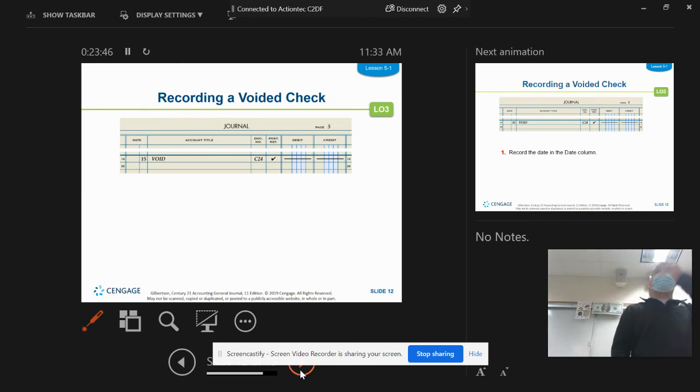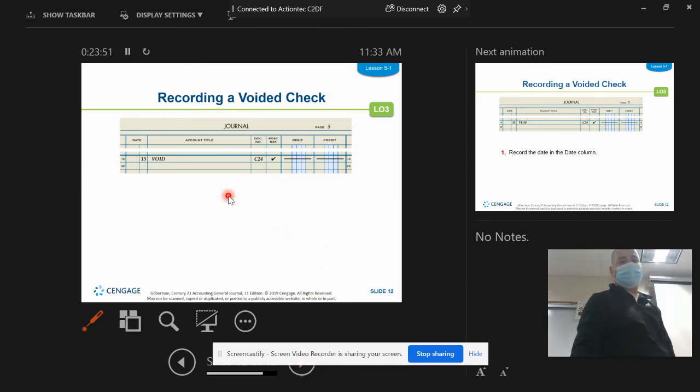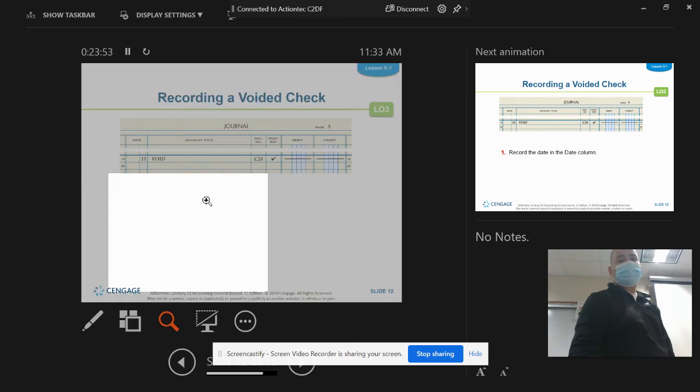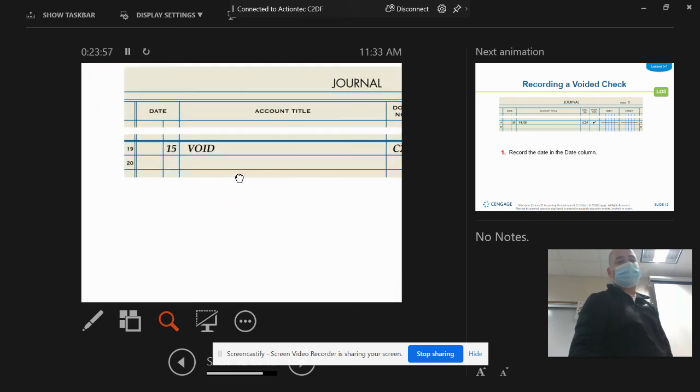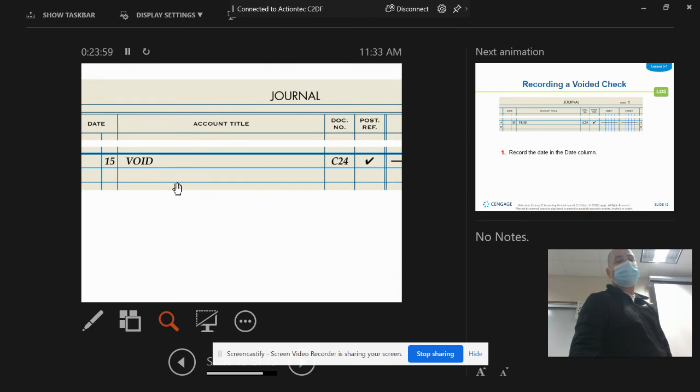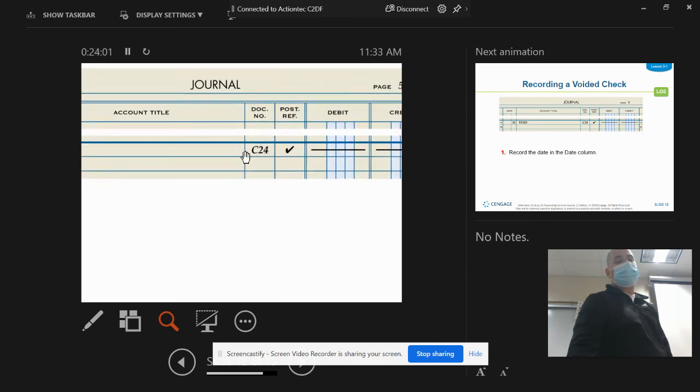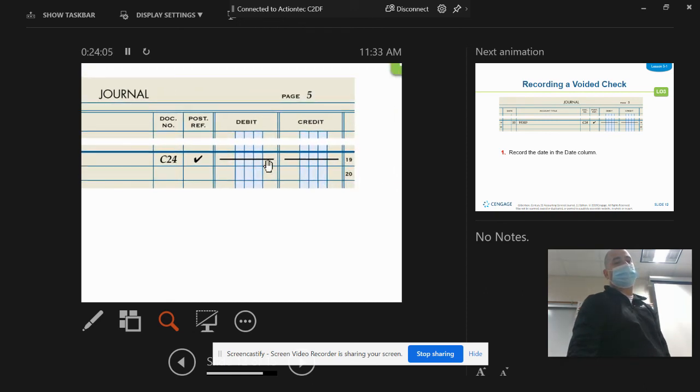Well, this was check number 24 in our example here, and we decided that we wanted to void it. So in our journal, all we would do is write the date, the word void on the account title, C24, and a check mark, and then of course nothing for debit or credit. We want to make sure that happens. We don't just want to not keep track of a voided check.